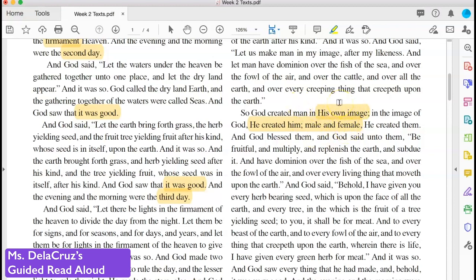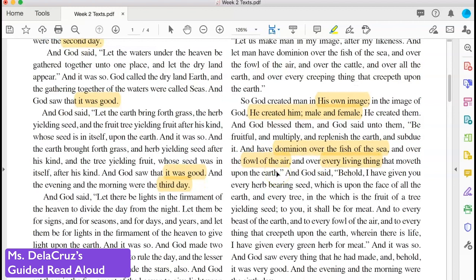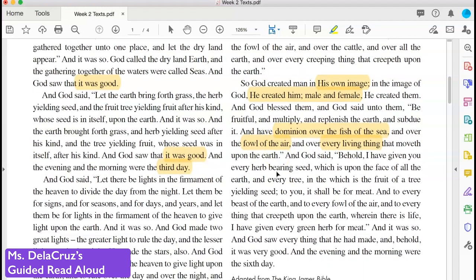And as you notice in the second half, it starts hinting that God is a man. They're using the pronoun he. We know that he's a man. That can be assumed. And he's saying that man has dominion over the sea, over all the birds, over every living thing. So it sounds kind of like he's giving man a lot of the power.